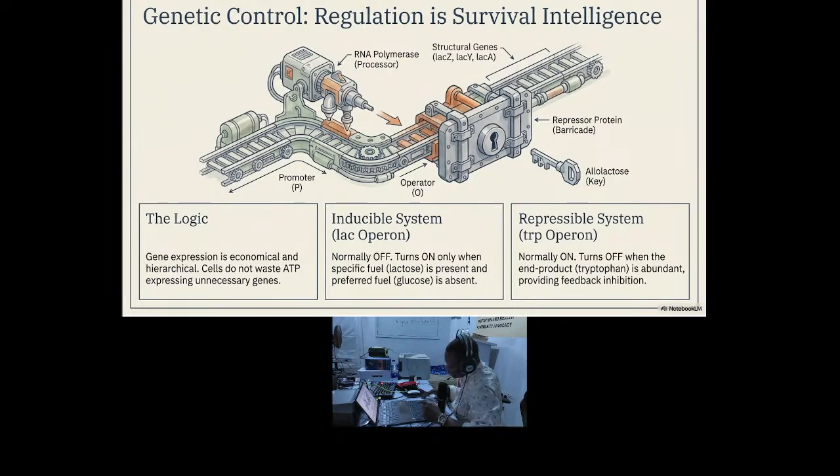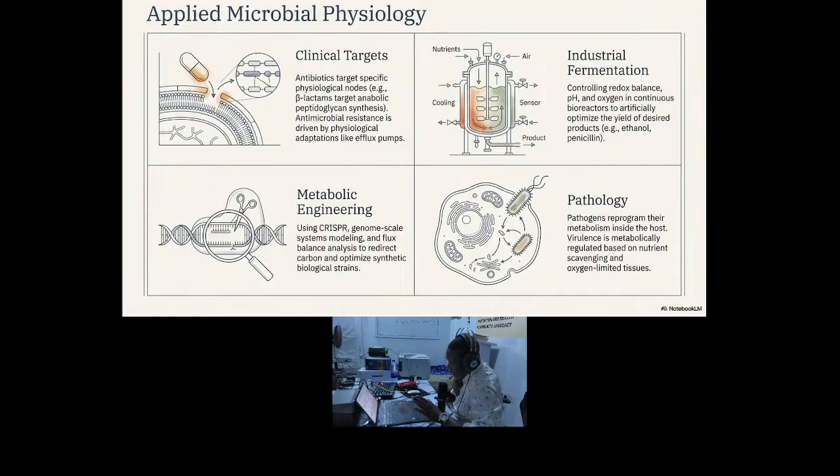A switch is where you turn it on when you need the light, and you turn it off when you don't need it again. That is what is called genetic control or a regulator, and that is an example of where we have the lac operon, and also the tryptophan operon. More of this we are going to talk about later on.